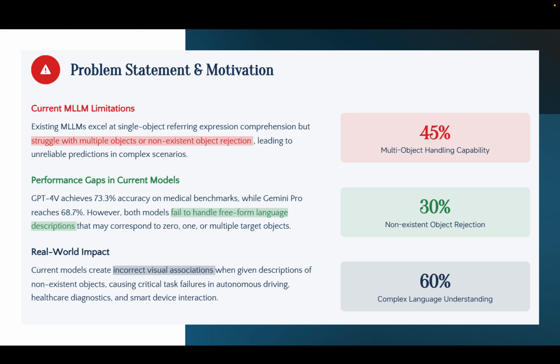So it's not just a technical inconvenience. Incorrect visual associations can lead to serious problems, from mistakes in autonomous driving cars to errors in AI in healthcare. On the right side, we can see some digits showing where and how much the models make mistakes.